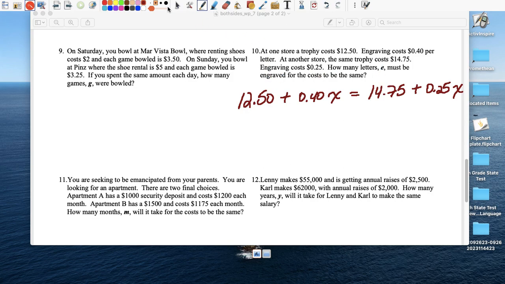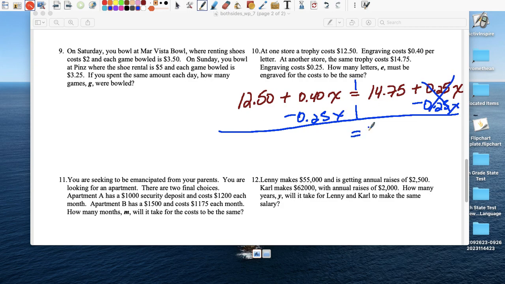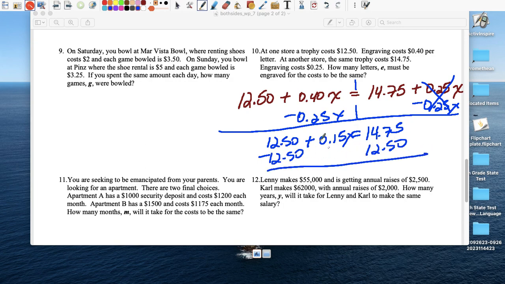Okay, so again, minus 0.25x, minus 0.25x. That goes away. 14.75 is left over here. 12.50 plus 0.15x. We're going to subtract 12.50 from the left side, and then 12.50 from the right side. That goes away.